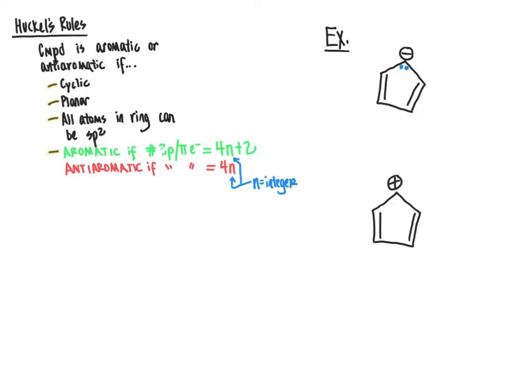So we have to ask first, can we draw a resonance structure that would allow that lone pair of electrons to become a pi bond? We need to make sure that we can actually do that. If we took this lone pair of electrons over to here, we could then take the pi electrons from there onto this carbon right here.